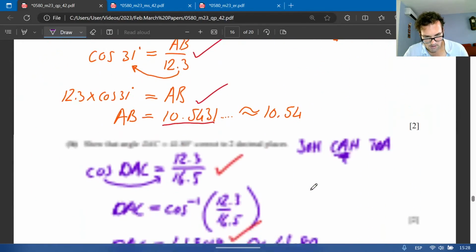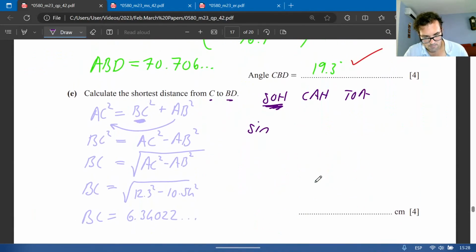That angle, 19.3. Then the opposite is the one we don't know, and the hypotenuse is the one we just worked out. So to find x, multiply that on the other side.